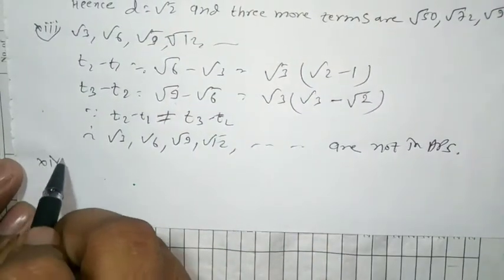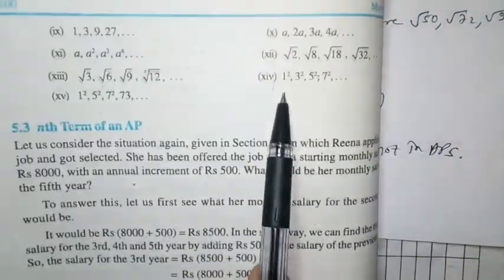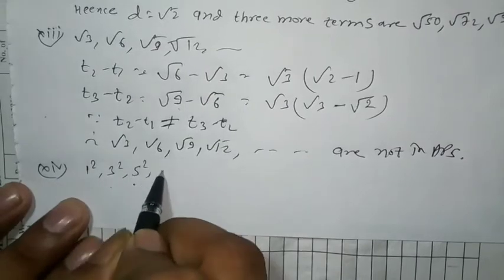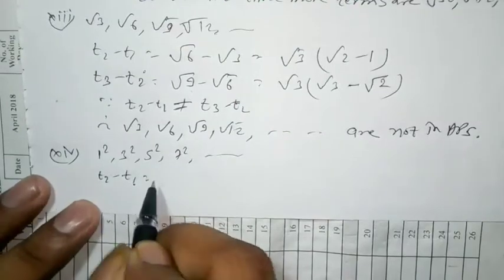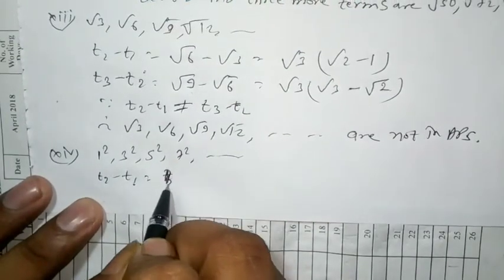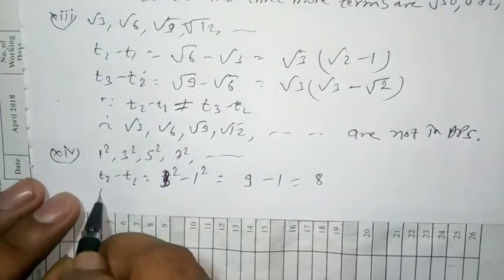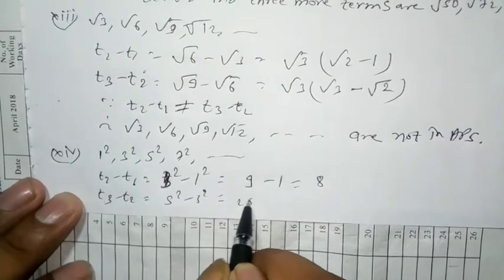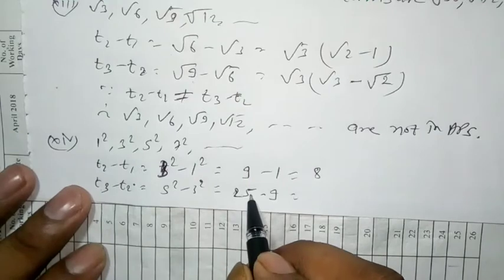Now, question number 14. 1 square, 3 square, 5 square, 7 square dot dot dot. T2 minus T1 is equal to 3 square minus 1 square is equal to 9 minus 1 is equal to 8. T3 minus T2 is equal to 5 square minus 3 square, 25 minus 9 is equal to 16.